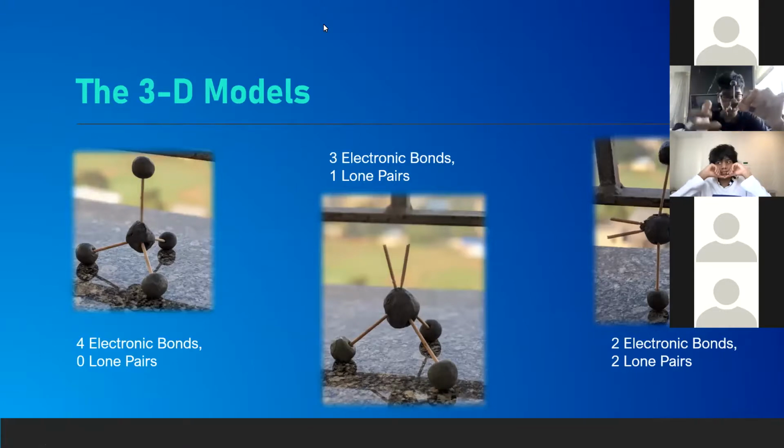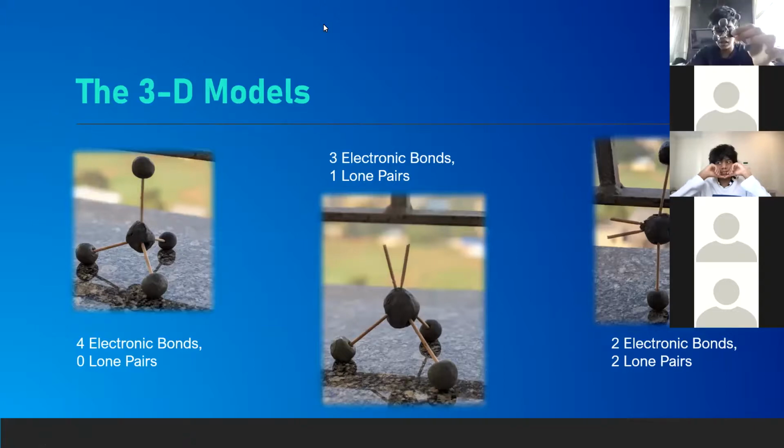Firstly I made the model with 4 electron bonds and 0 lone pairs, which showed each individual on the planet was at a safe distance from each other and maintained a total distance of 109.5 degrees. Then if we come further, we also have the second one where one of the couples was infected.